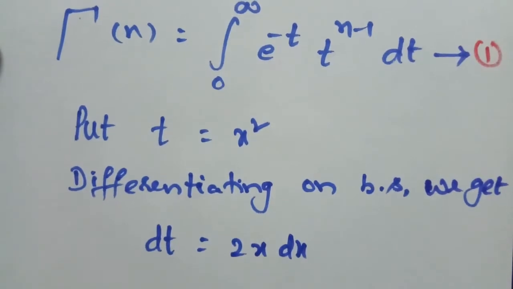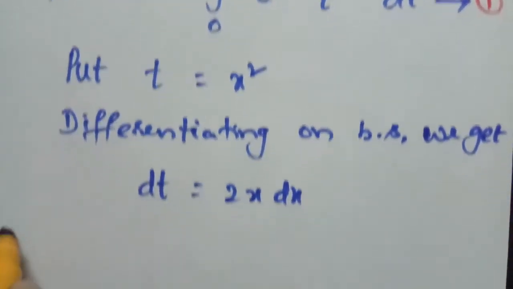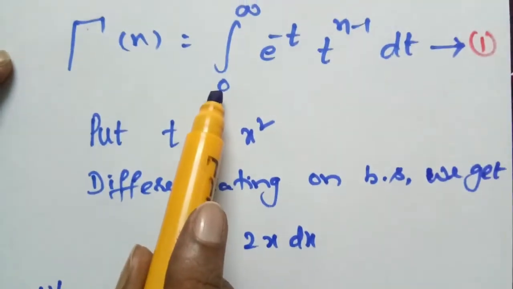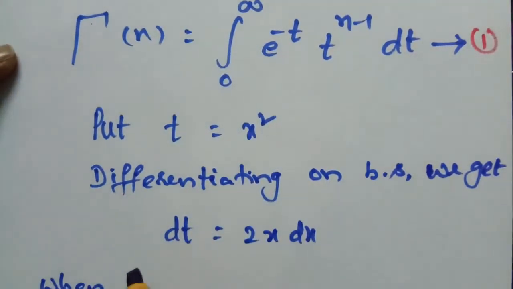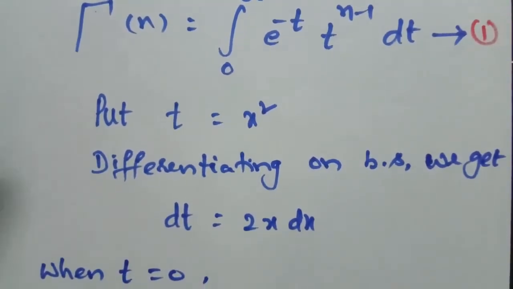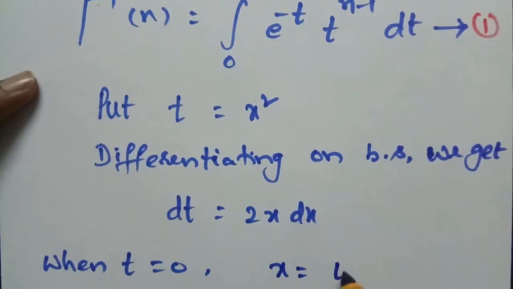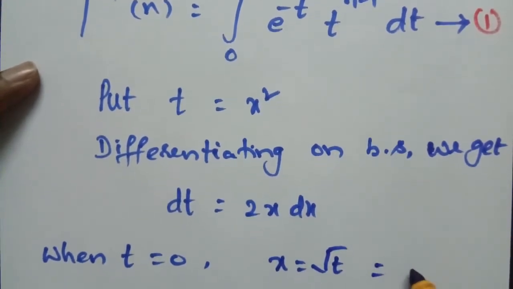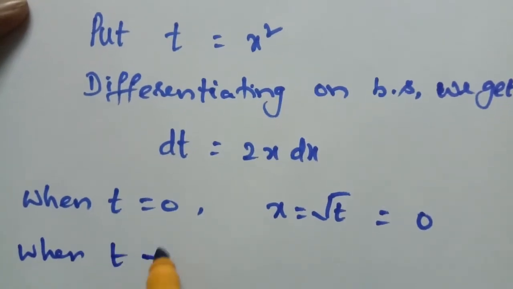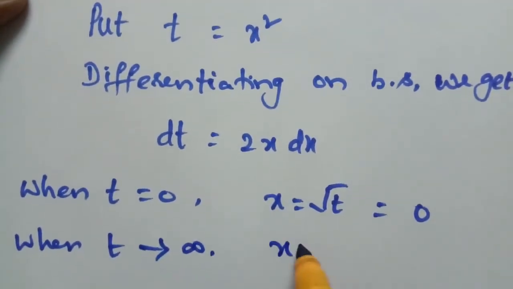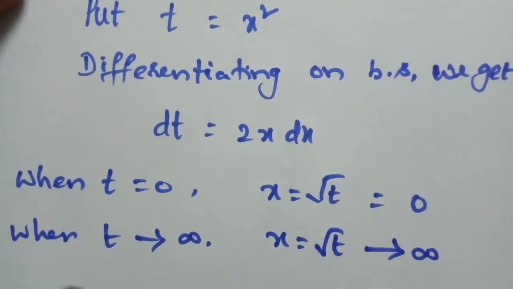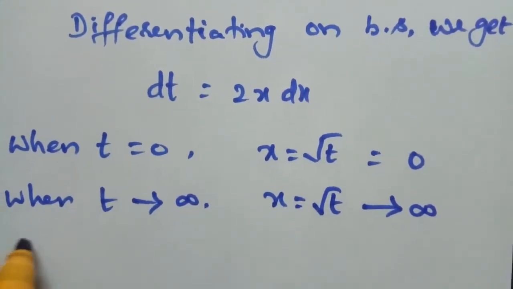Now the limits: the lower limit of t is 0, the upper limit of t is infinity. When t equals 0, x is equal to square root of t, that is also 0. When t tends to infinity, x is equal to square root of t, this also tends to infinity. Substituting these values in equation 1.